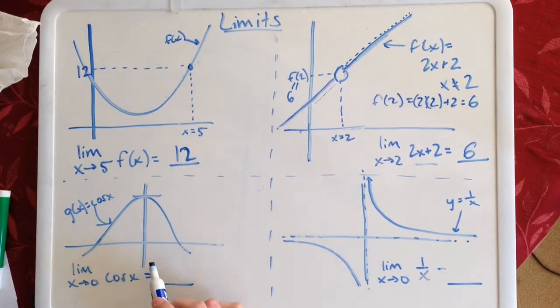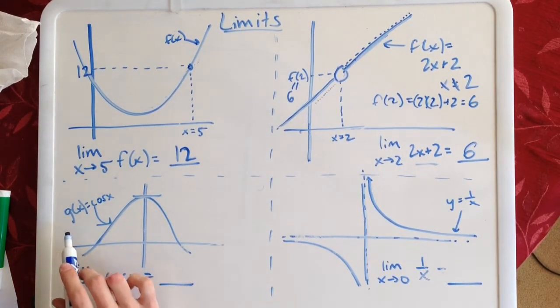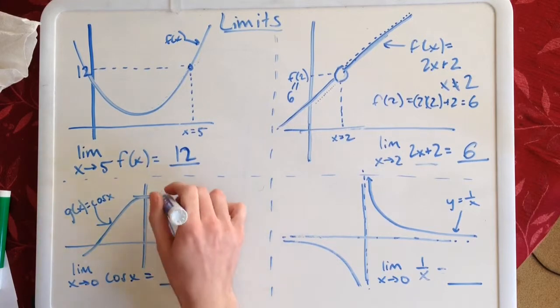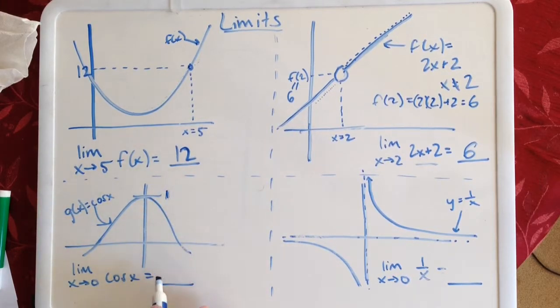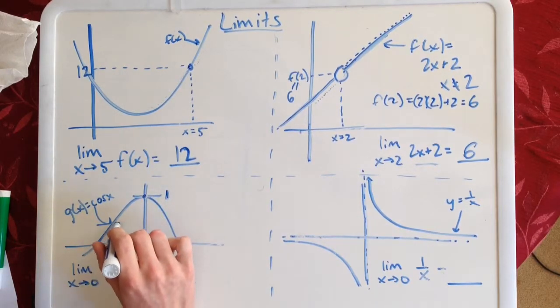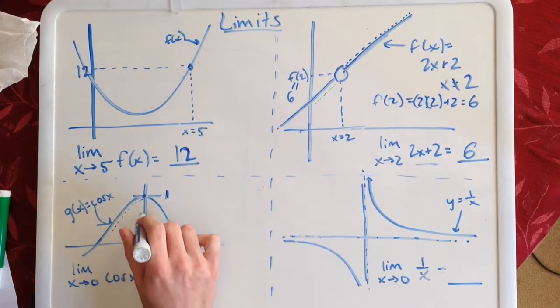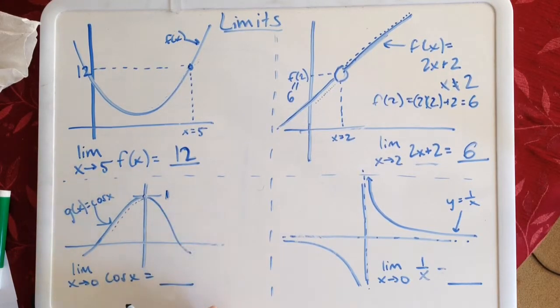Okay, how about this one? This, I said g of x equals cosine x. And if you don't know trig, don't worry about it yet. All you need to know is that the value of cosine x at x equals 0 is 1. So the limit as x approaches 0 from the negative direction, as x gets closer and closer to 0, y gets closer and closer to 1.